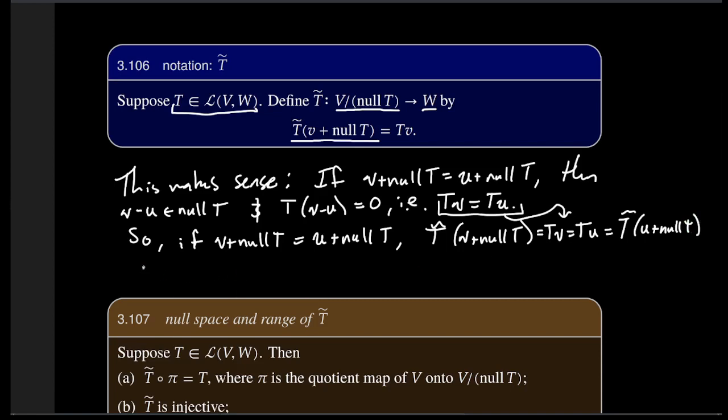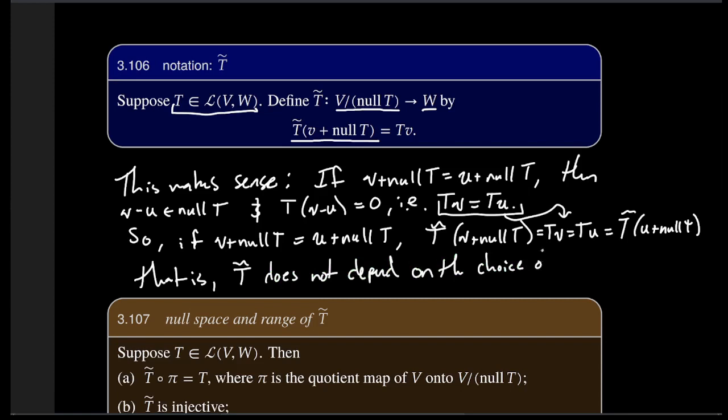Okay, that is, T tilde does not depend on the choice of V used to represent V plus null T. It shouldn't, because otherwise we'd be sending the same thing to different things, which would make this not even a function, right?